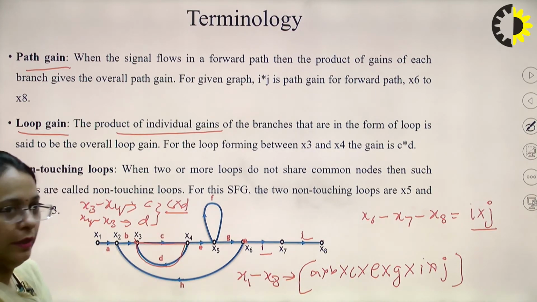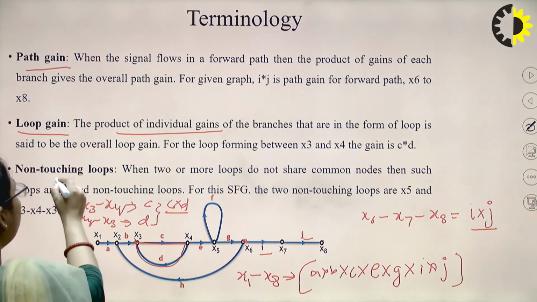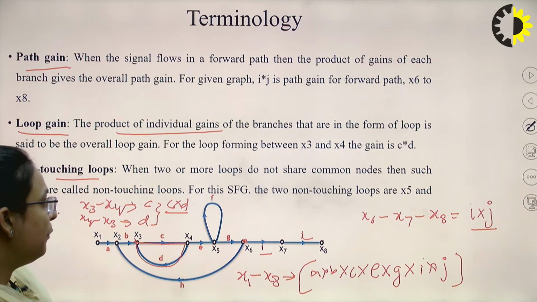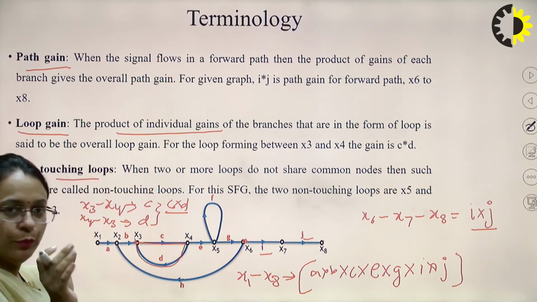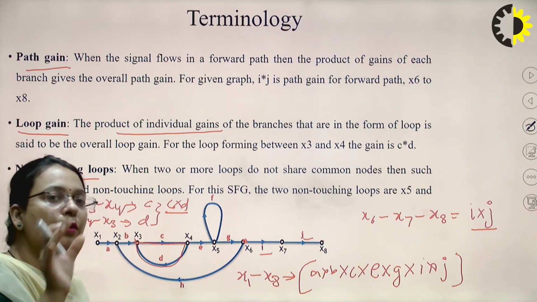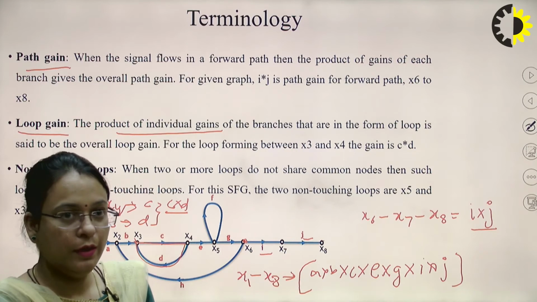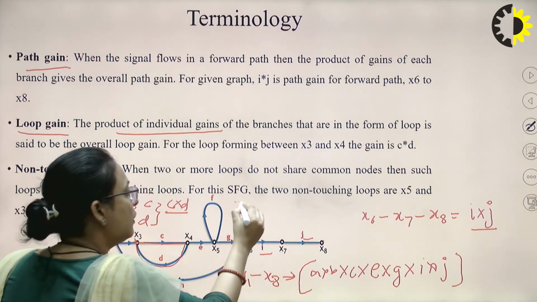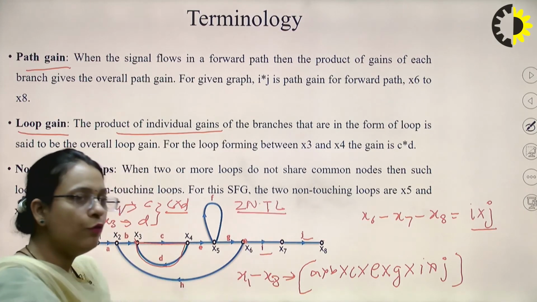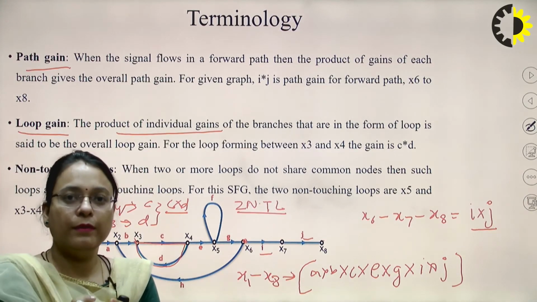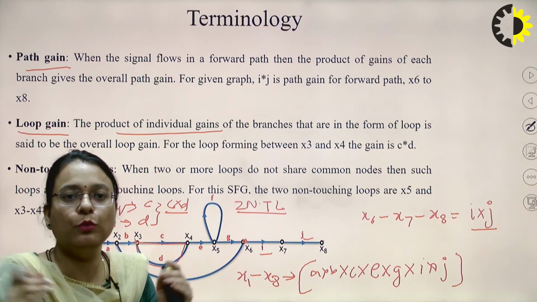Okay. Now, what are non-touching loops, right? When two or more loops do not share a common node. There could be two non-touching loops, there could be three non-touching loops. Let's talk about two non-touching loops. In the case of two non-touching loops, there must not be any common node between the two loops.